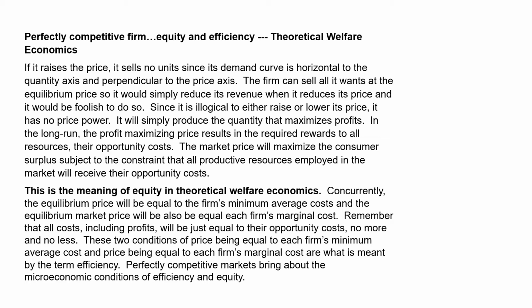The firm can sell all it wants at the equilibrium price, so it would simply reduce its revenue by reducing its price, and it would be foolish to do so. Yes, you could sell all of your corn if you sold below the market price, but you would not only be foolish, you would be out of business before too long. So again, since it's illogical to either raise or lower prices, it has no price power. It will simply produce the quantity that maximizes profit.